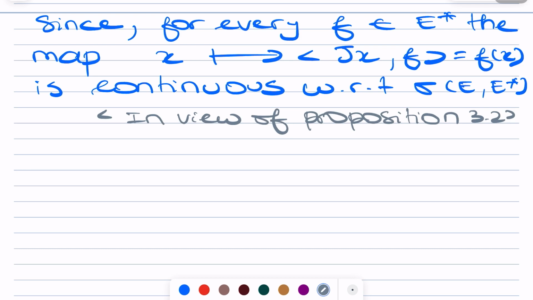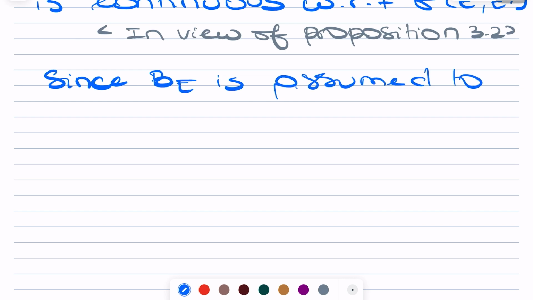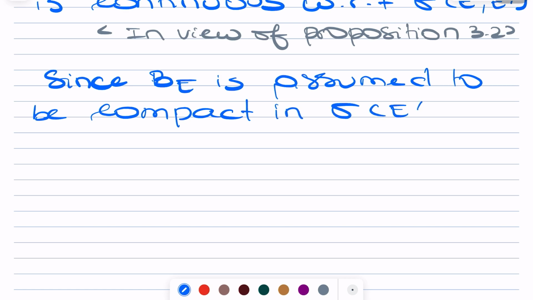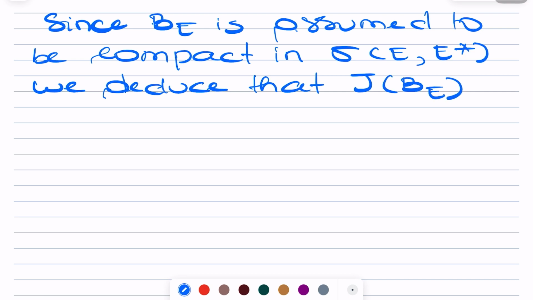Okay, good. Since the closed ball B_E is assumed to be compact in the weak topology sigma(E, E star), and also, we saw that J is continuous, we deduce that the image of B_E via J is compact.